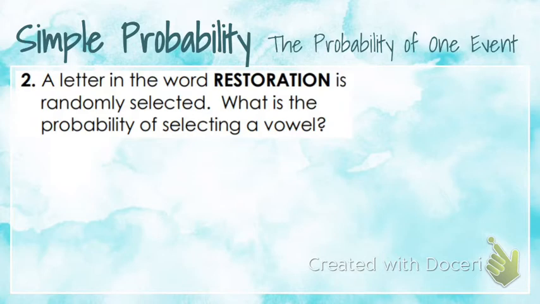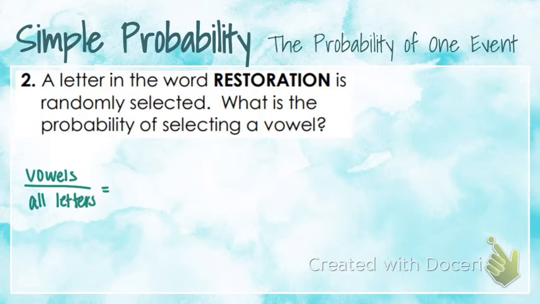Okay, number 2, a letter in the word restoration is randomly selected. What is the probability of selecting a vowel? So we want to know vowels. Those would be the favorable outcomes over all the options, so all letters.